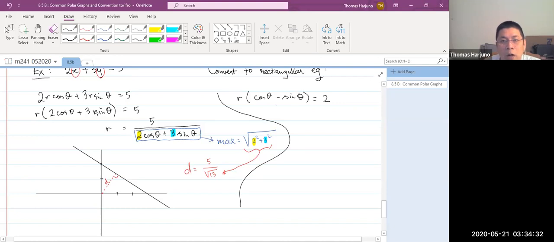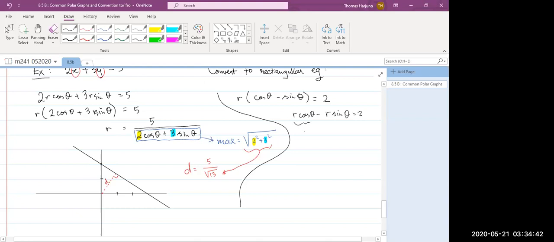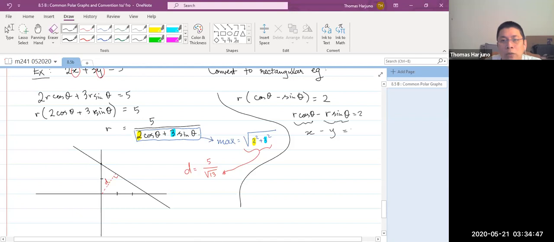r cosine theta minus sine theta. This is r cosine theta minus r sine theta equals 2. This will be x minus y equals 2.